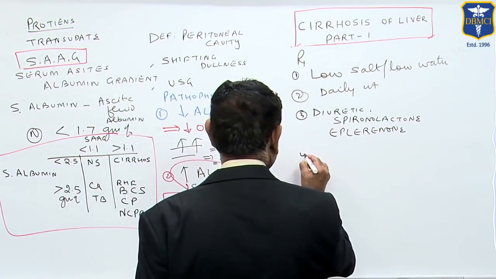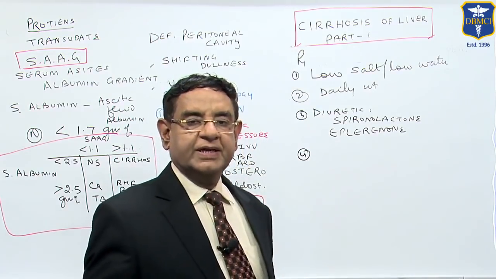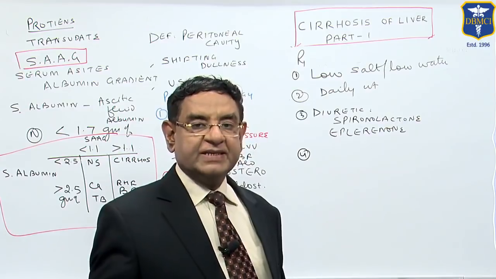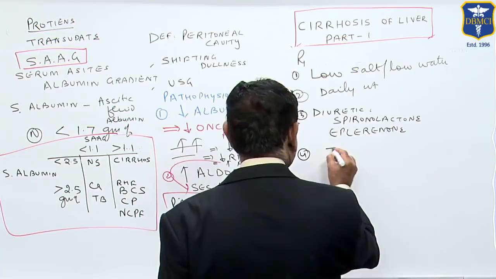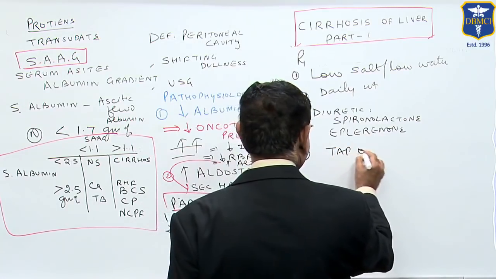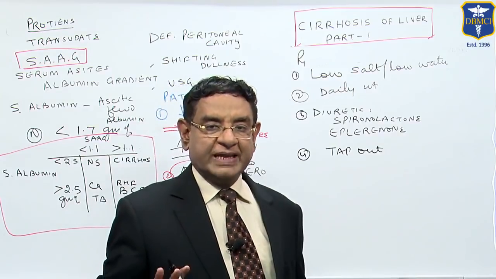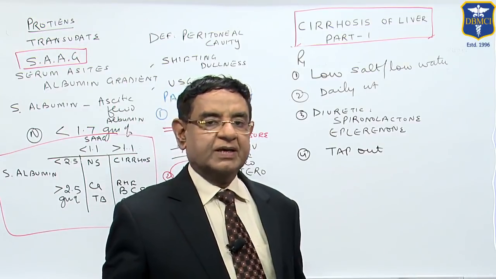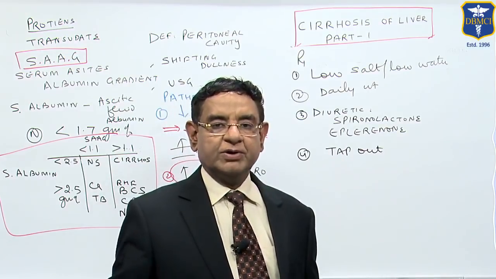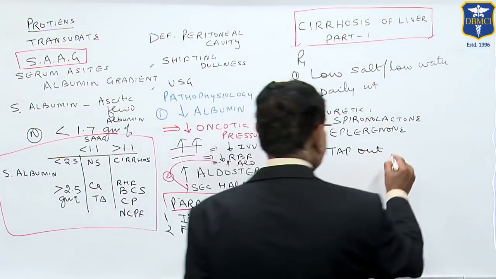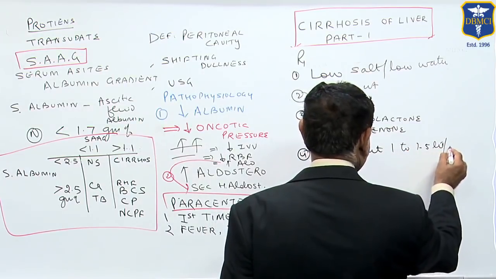Then if there is massive ascites, we can even tap out the fluid, but it should not be done too vigorously. Many authorities do not even advise this, but books do mention you can tap out about 1 to 1.5 liter of fluid per day.